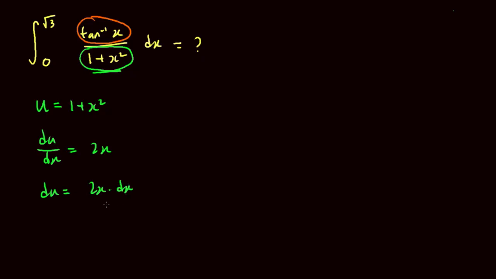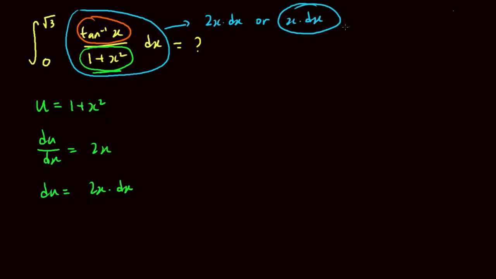But here's the problem. We don't see a 2x anywhere in the function itself. We don't see a 2x dx, or an x dx. We don't see this form at all.